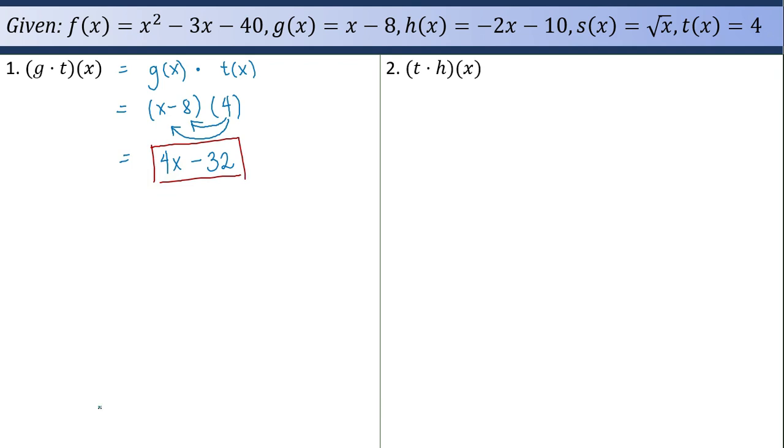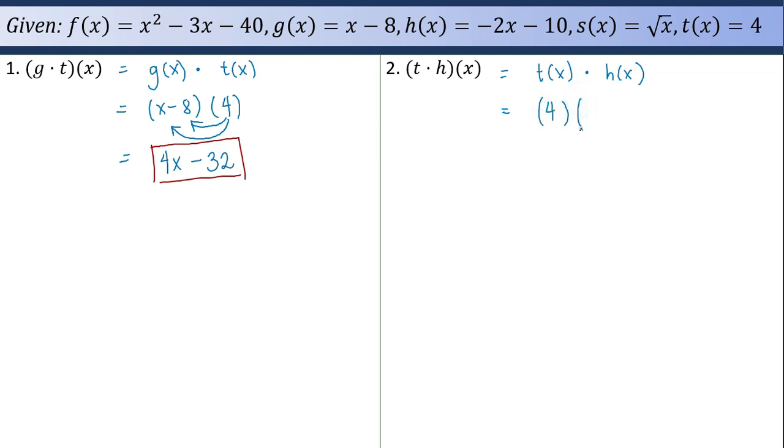Number 2, t times h of x is equal to, tama, t of x times h of x. Again, isa-substitute lang natin. So what is our t of x? That is equal to 4. Okay?